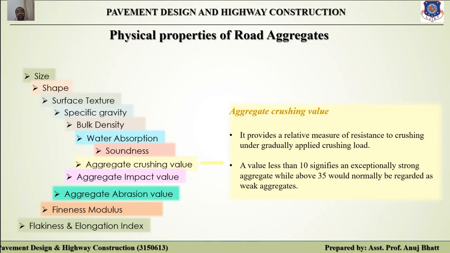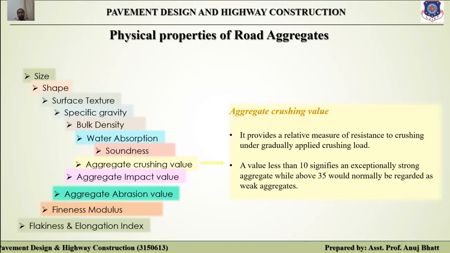Then the crushed aggregates are sieved through the 2.36 mm sieve, and the weight of passing material is considered as W2. The crushing value is expressed as a percentage: the ratio of the weight of the total sample that we have taken at initial level, that we consider as W1, and the weight of material passing through the 2.36 mm sieve, W2.